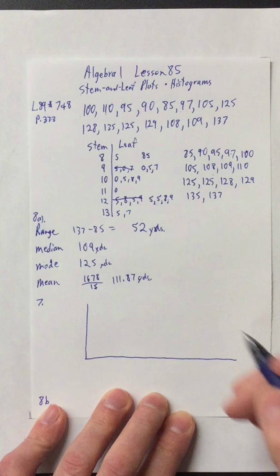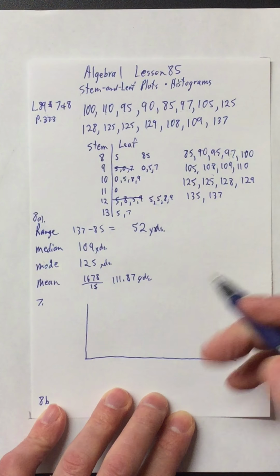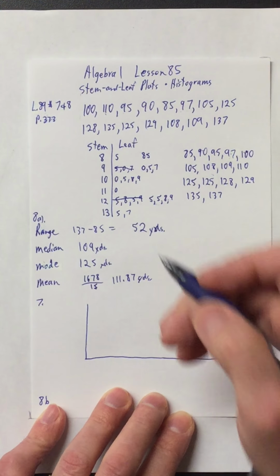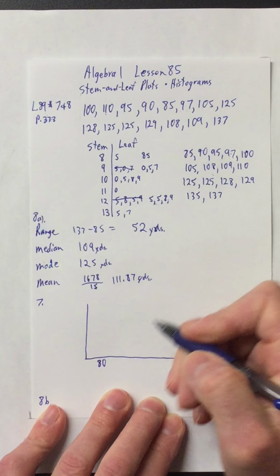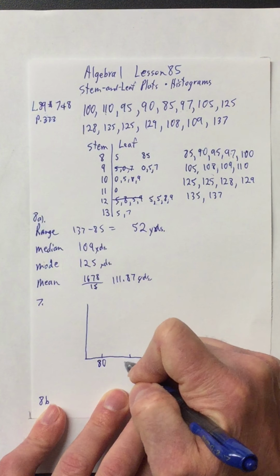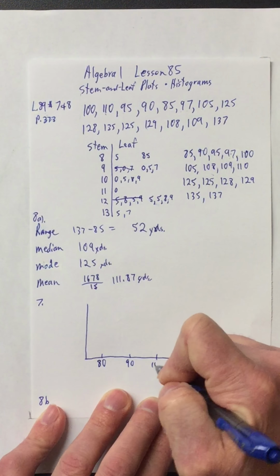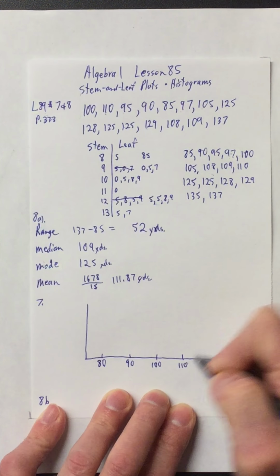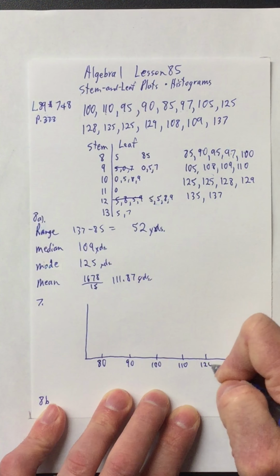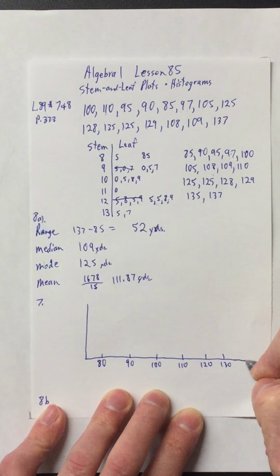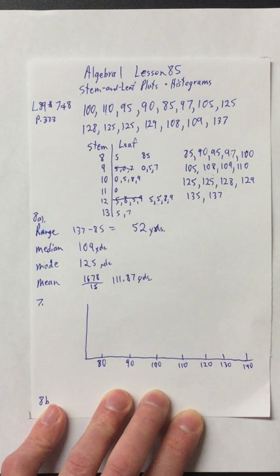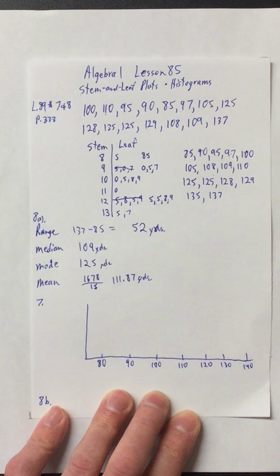And so for my bar graph, I'm going to start with my smaller amount, and I'm going to go by tens. So I have a category here that starts with 80, and then I'm going to go to 90, 100, 110, 120, 130, and then 140, I think, is as high as I need to go because that's in there.